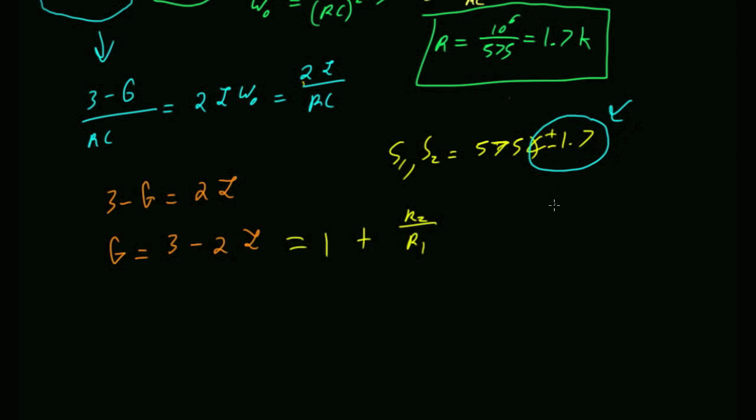We have complex roots, and the term under the square root is negative. Between 0 and 1, right. Okay, but I need a value. I know that zeta has to be between 0 and 1, but I need to know which value of zeta, not just that it's between 0 and 1. I actually need a specific value. So how can I look at these roots and determine the specific value of zeta?